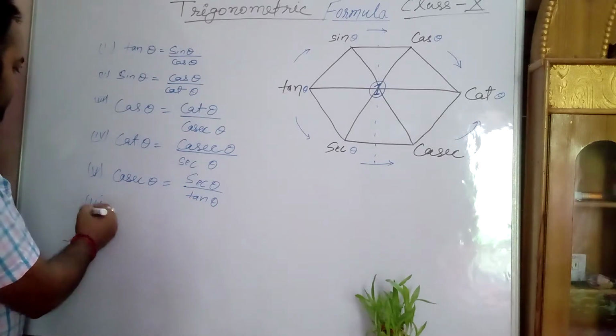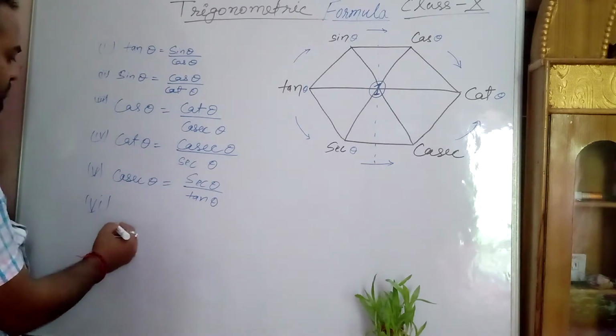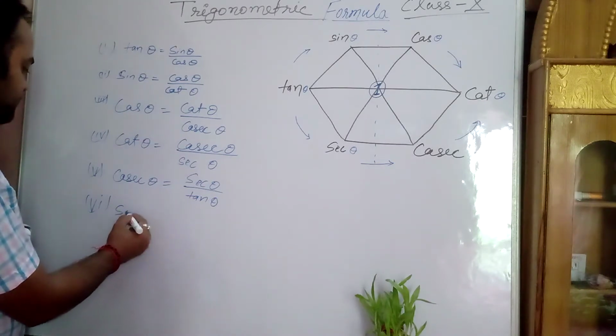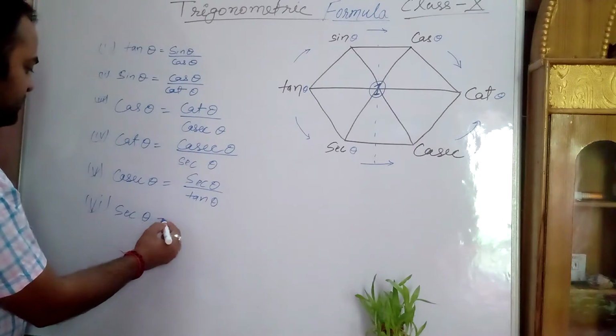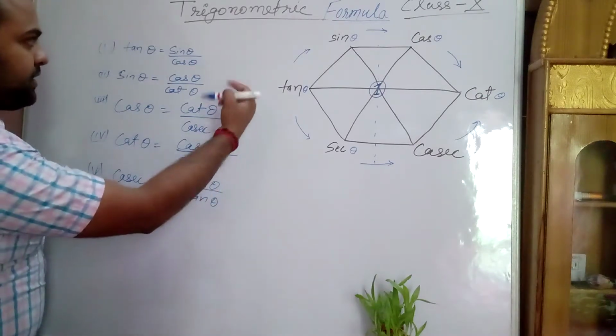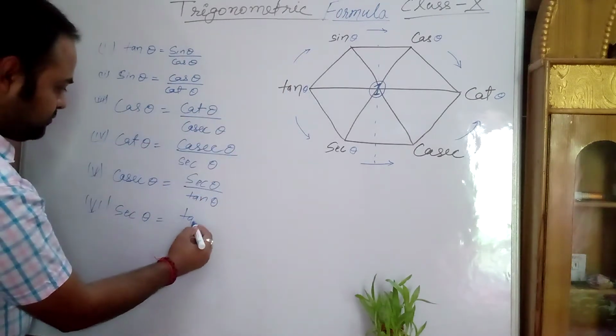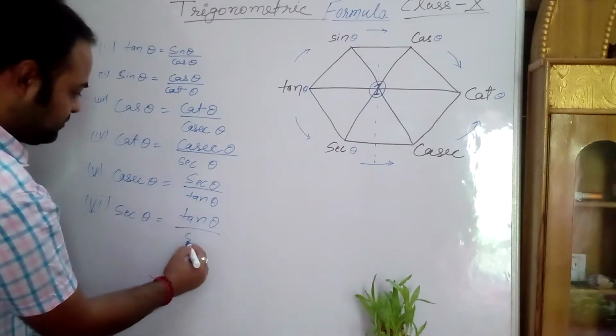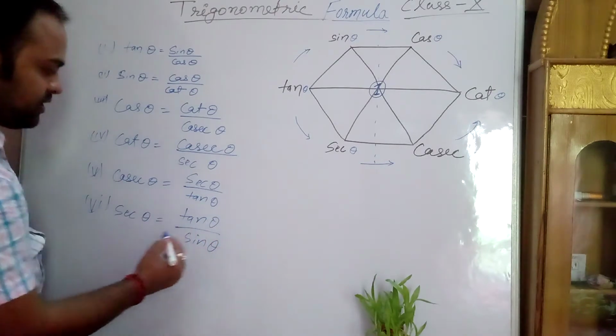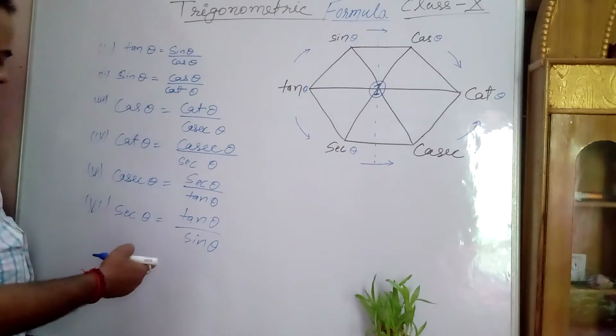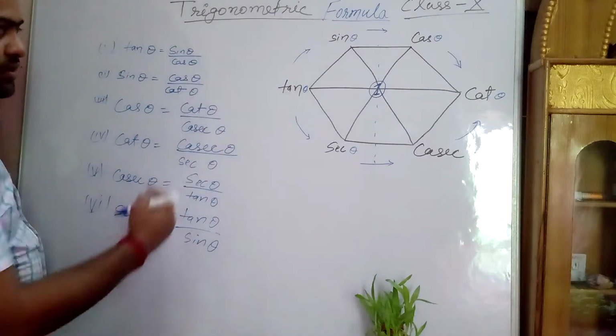Last one, sixth, sec theta is equal to tan theta by sin theta. These are the 6 formulae by clockwise rotation.